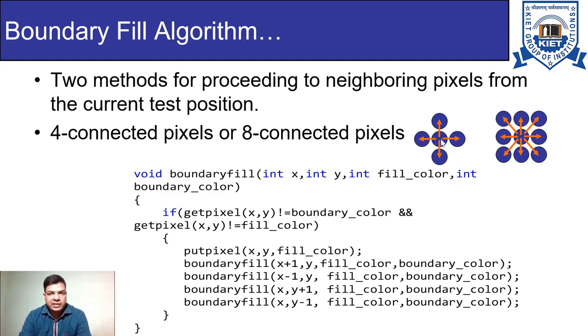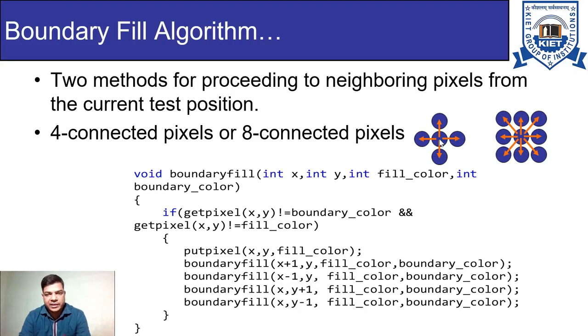So you can see that if the coordinate of this point is x, y, then the coordinates of the other points will be x plus 1 comma y, x minus 1 comma y, x comma y plus 1, and x comma y minus 1.